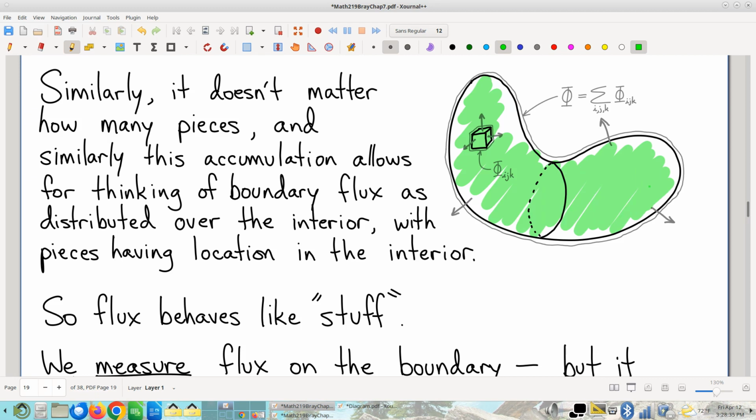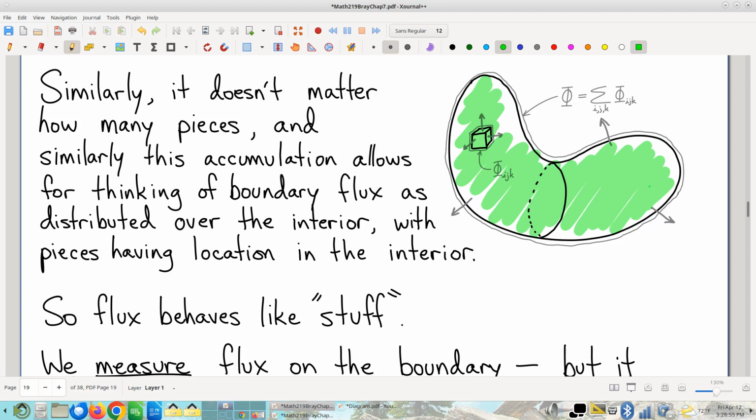And if we think of this quantity as distributed over the interior, what we would need in order for that to make sense is that if I were to chop it up, the whole would be the sum of the parts, which it is. We've already established that this is an accumulating quantity.